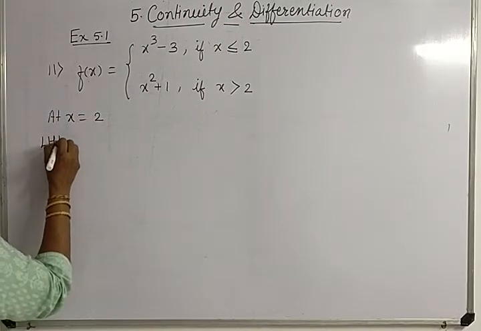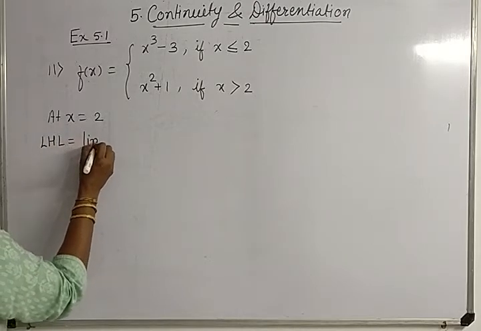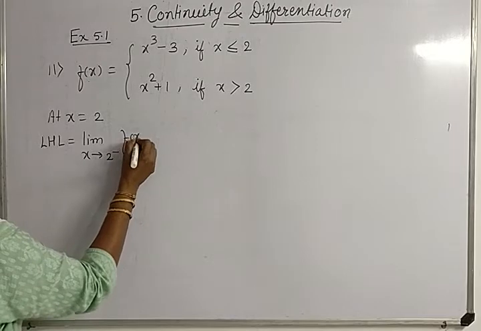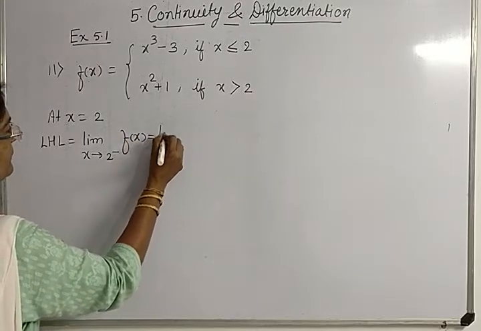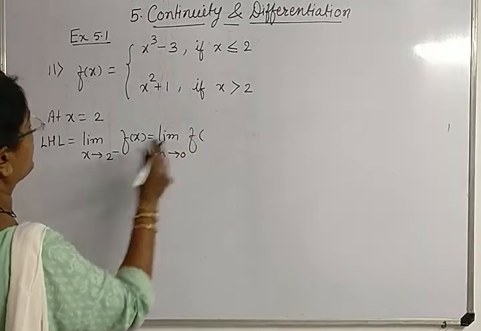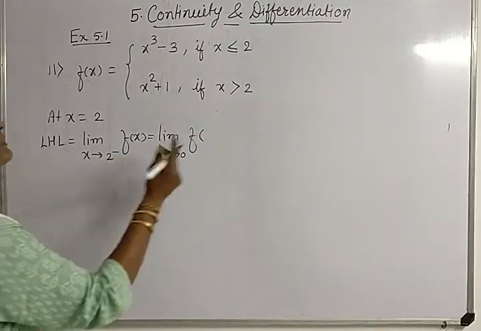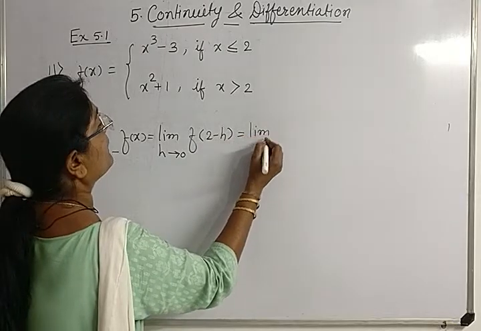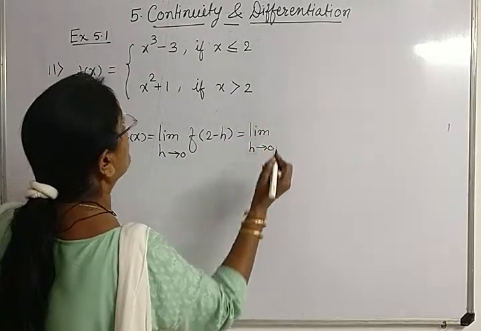Left hand limit equal to limit as x tends to 2 negative of f of x, equal to limit as h tends to 0 of f of 2 minus h. This equals limit as h tends to 0.